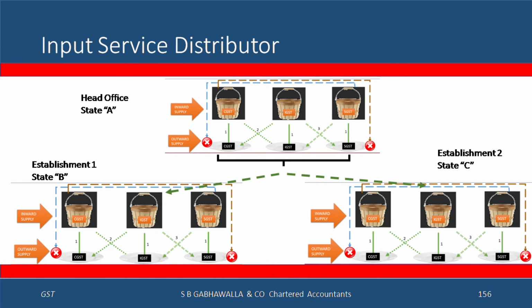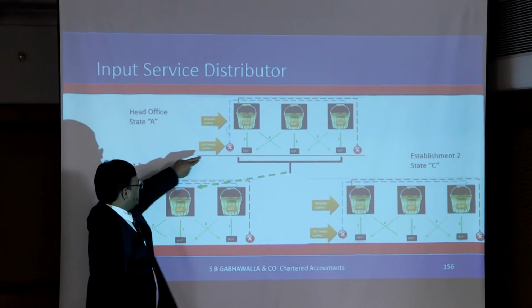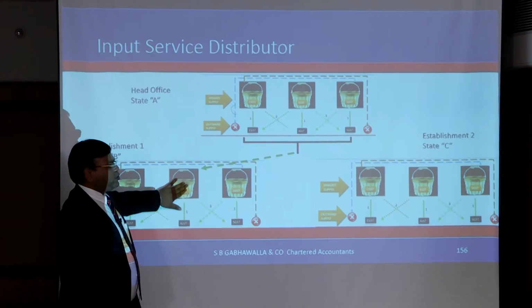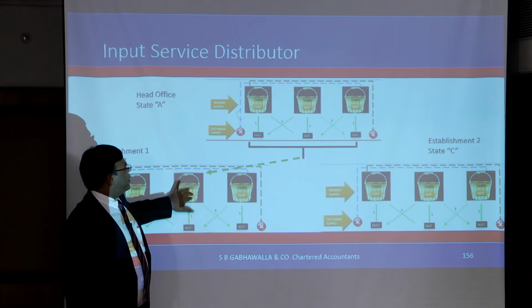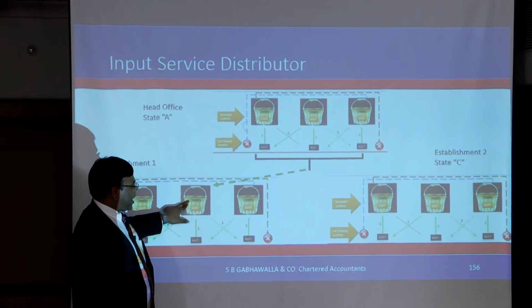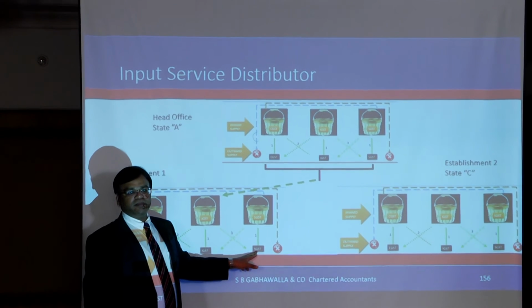So you might have a CGST credit here, it might flow through ISD as an IGST into this basket, and then this CGST becomes IGST here, and that IGST can be adjusted against SGST.